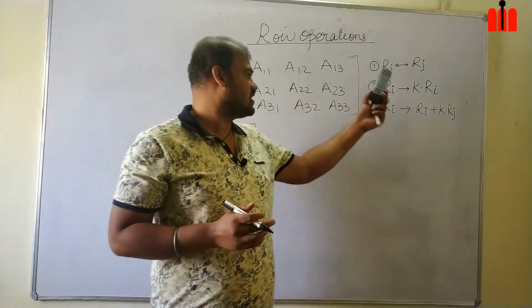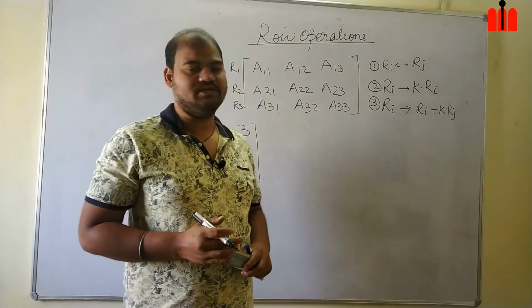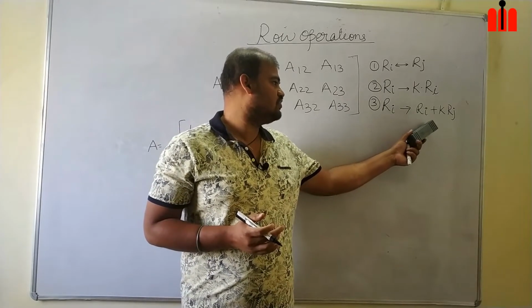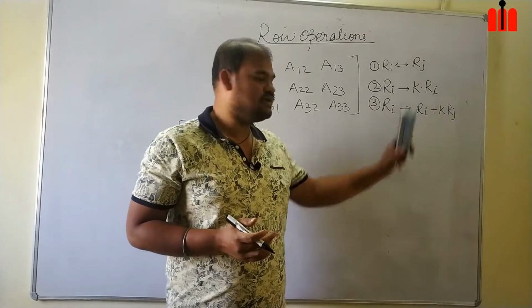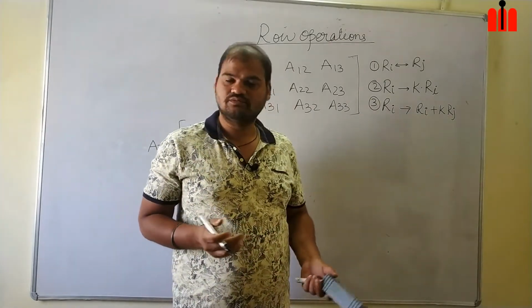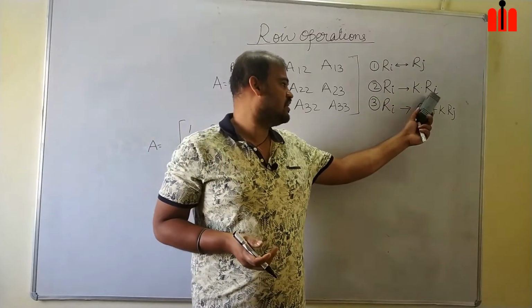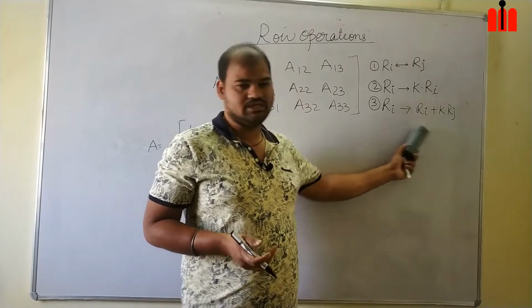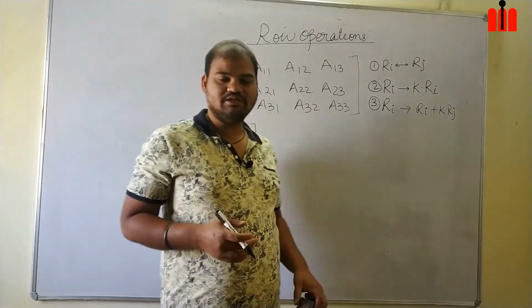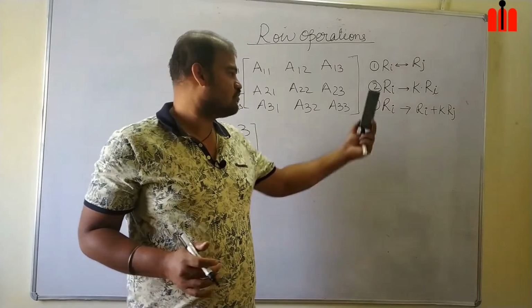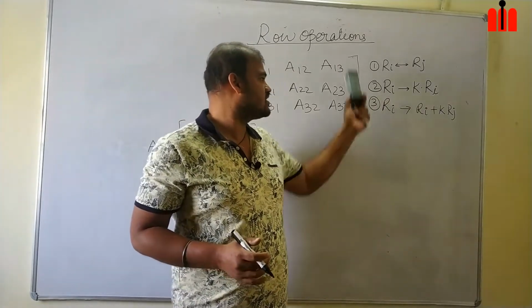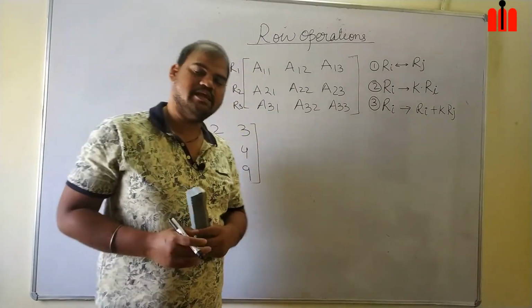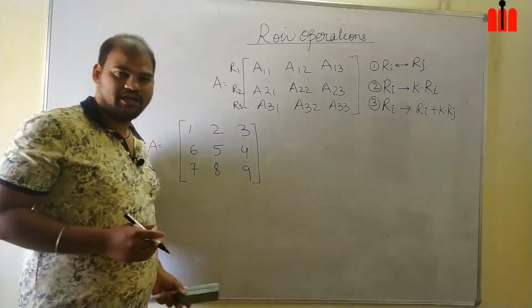So these are the 3 operations. If you want to go further, you can put it as L into Ri plus K into Rj. First you multiply Ri with L, and after that you do this operation. So many row operations are possible, but all can be summed up in these 3.